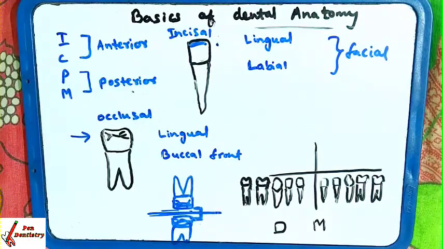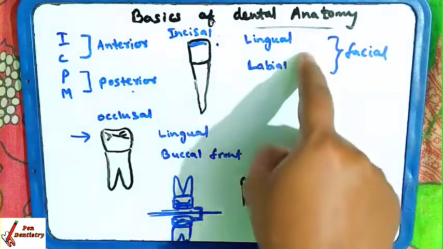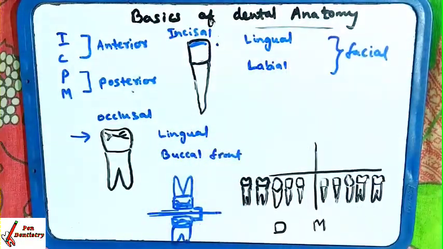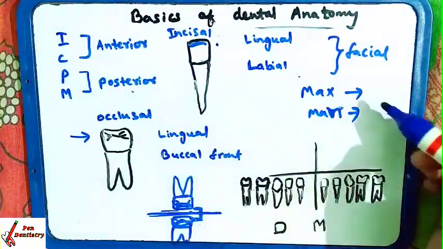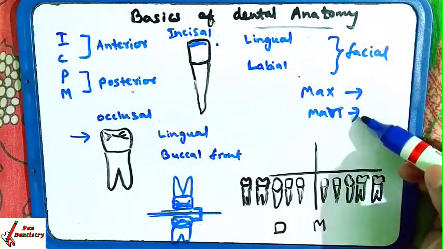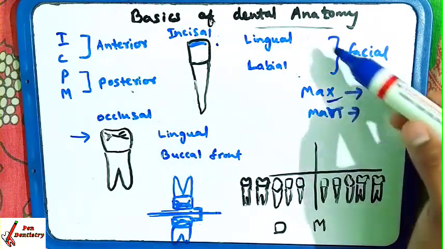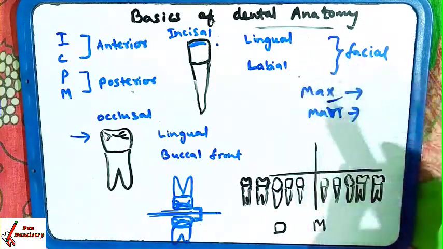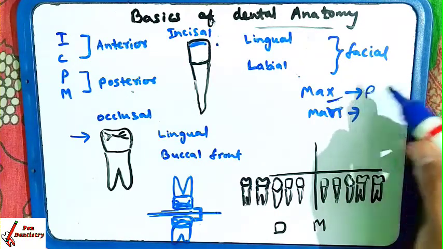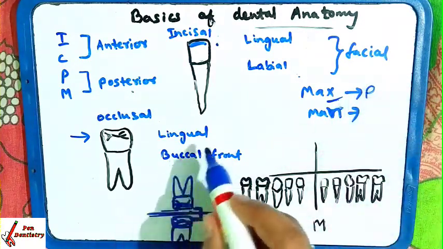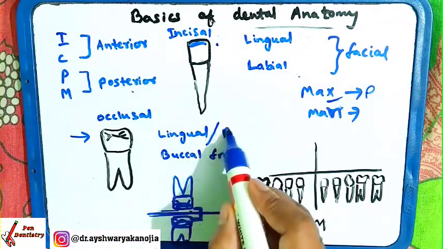When you see the anterior or posterior teeth according to the maxilla and the mandible, in the maxilla the anterior teeth have the same name, but as we go posterior, the lingual name becomes palatal.